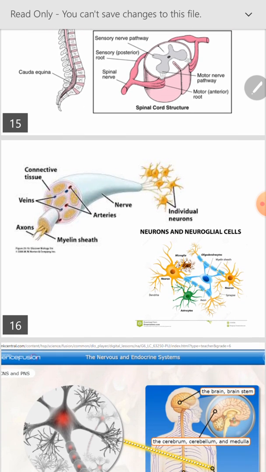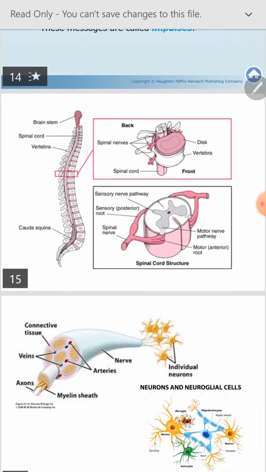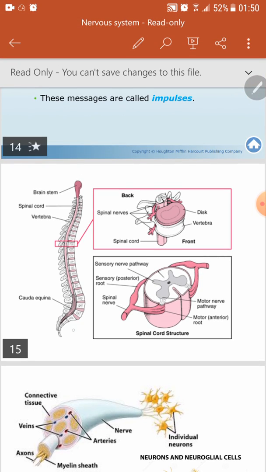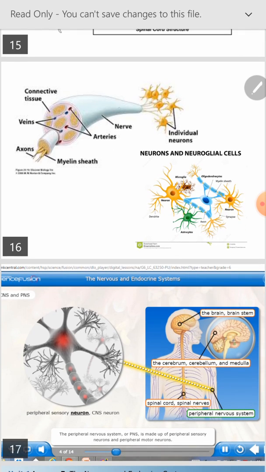Here is a nerve. Yesterday we said the spinal cord is made of a bundle of nerves. Here is one nerve, as you see. One nerve is made of a bundle of neurons. What are the neurons?